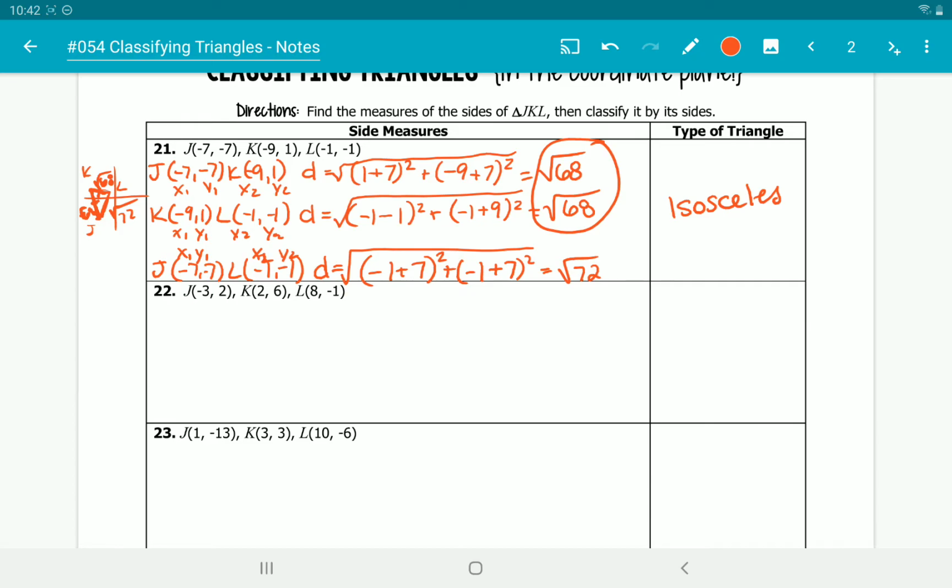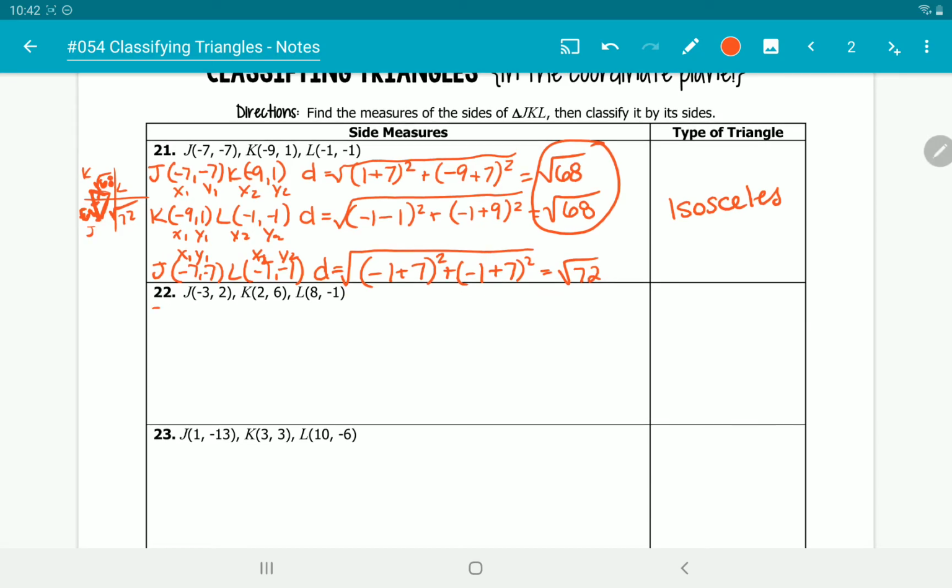Okay? So with this one, again, we're going to use J and K first. -3, 2, and 2, 6. Then we're going to use K and L. K is 2 and 6. L is 8, -1. And then we're going to use L and J. So J is -3, 2.